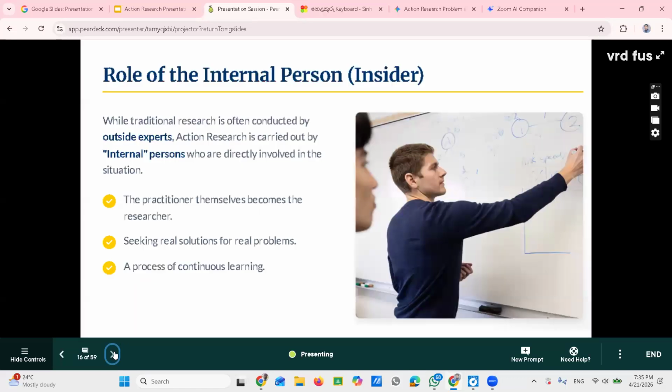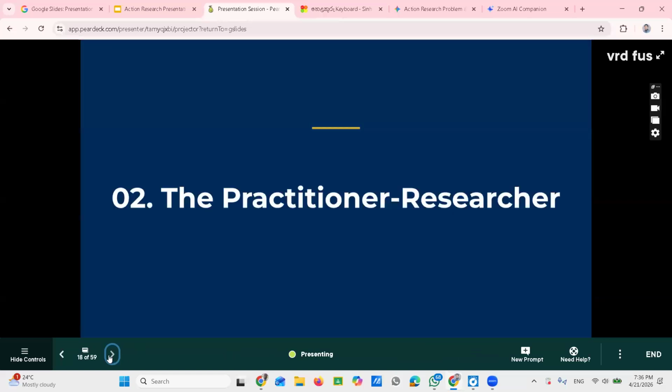Then we identified the action researcher as an internal person, because action research mainly focuses on your internal environment. Therefore, we can identify the researcher as an internal person. These are the things we discussed yesterday.